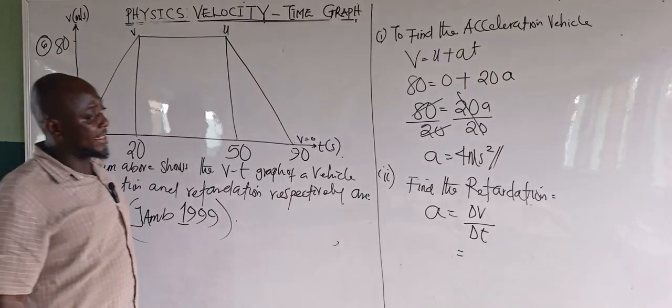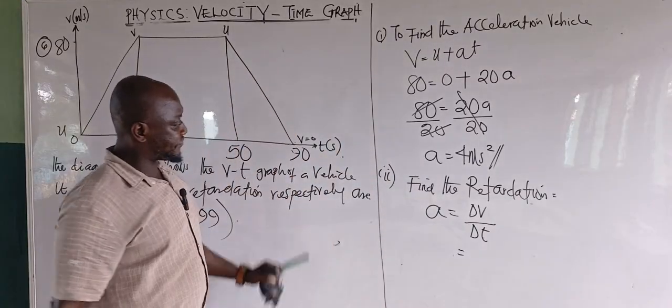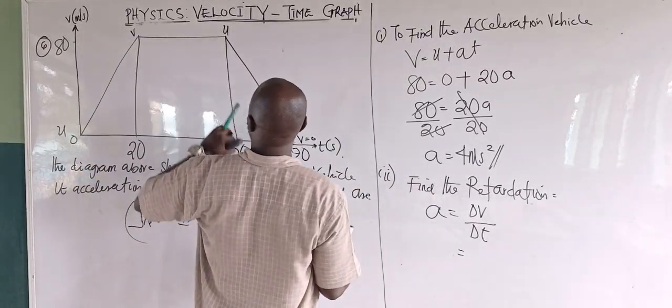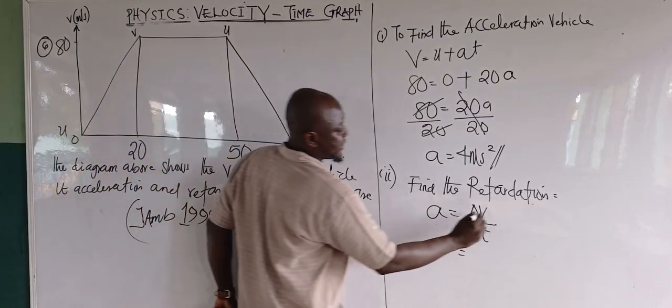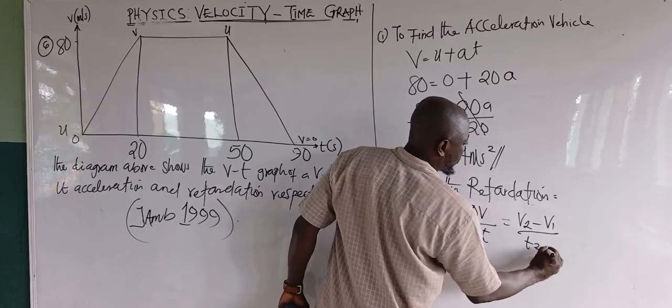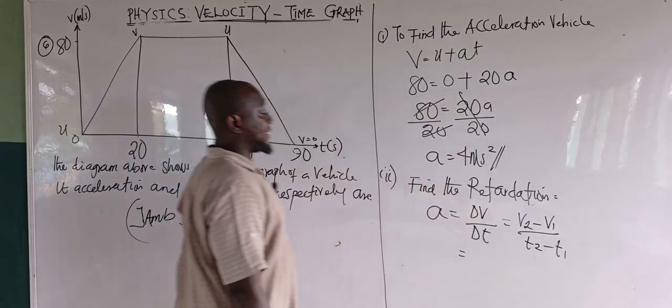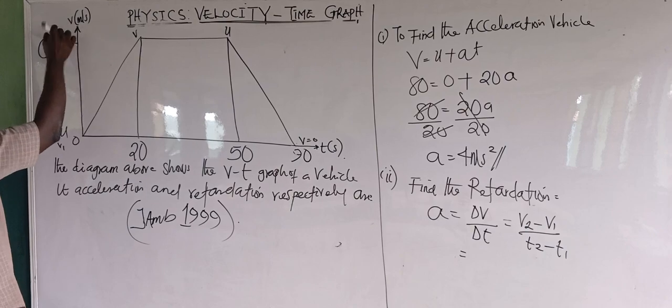So at this point, I can simply say that to get my A, it becomes V2 minus V1 over T2 minus T1. Don't forget that. So here's my V1, while here becomes my V2.